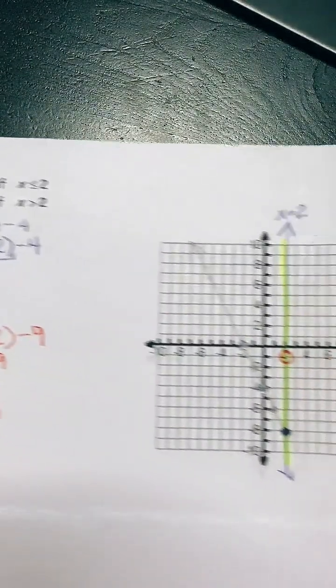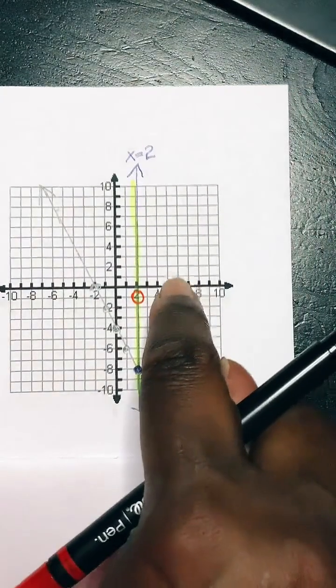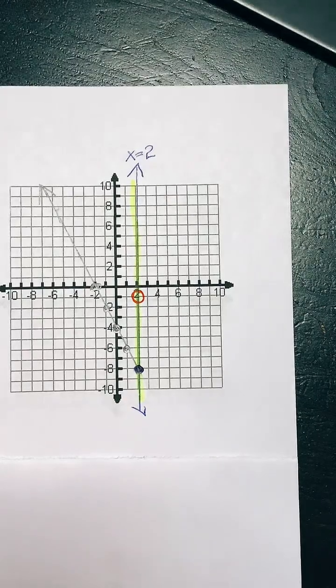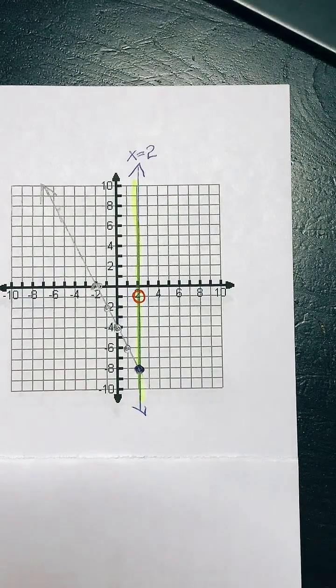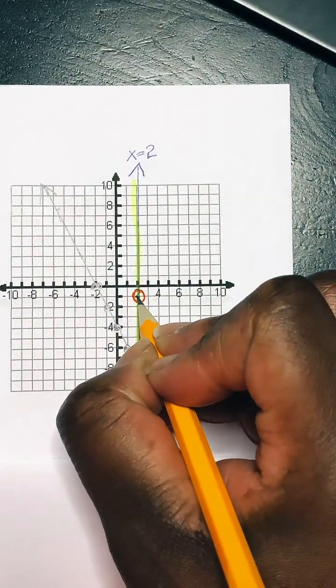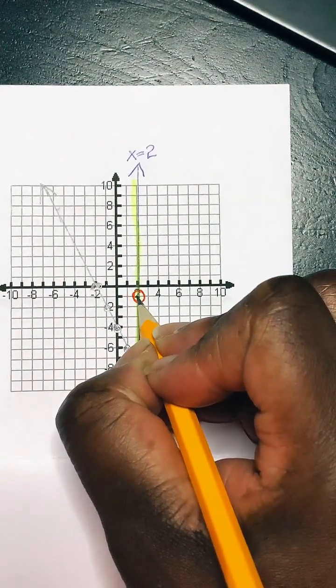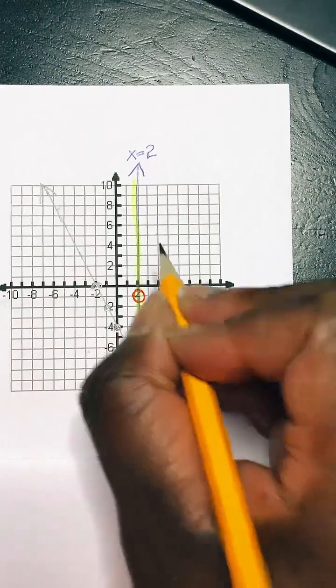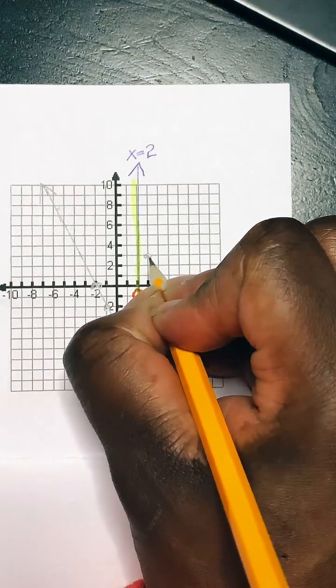Since we're graphing the right side of that boundary line, we don't have to do any switcheroos. We can just graph as we see it. So from this point, we're going to go up 4. 1, 2, 3, 4, over 1. Draw a point.